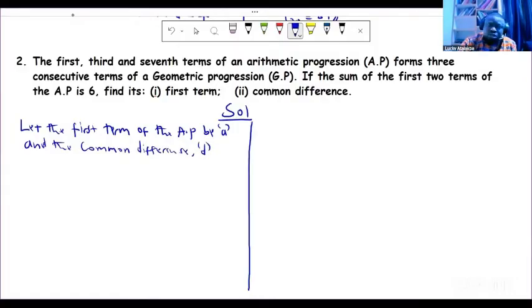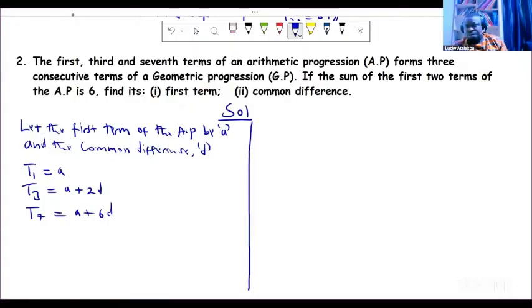Right? So it means that our first term is A. Then, the first, third, and seventh term: third is A plus 2D, and the seventh term is A plus 6D, right?